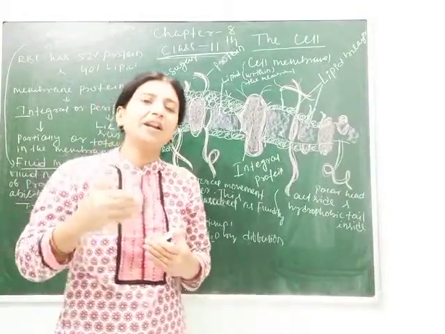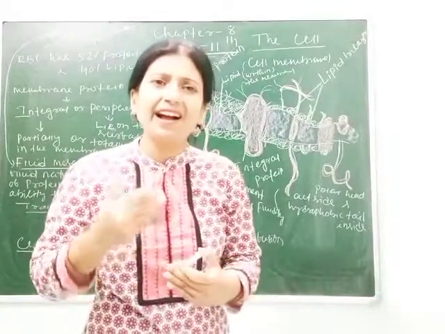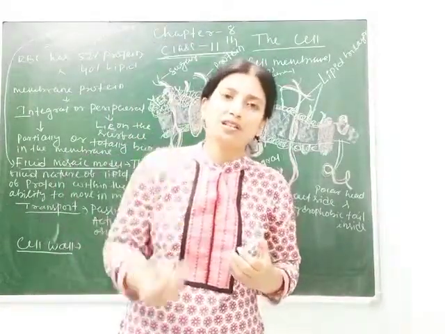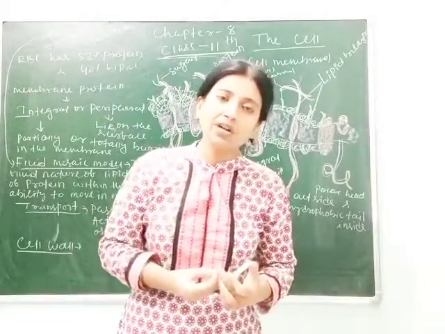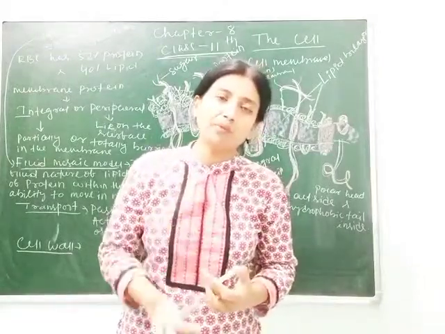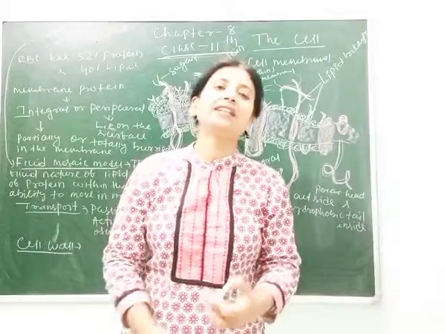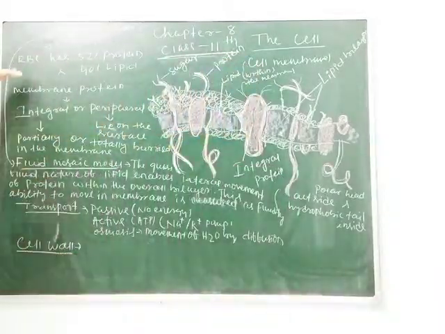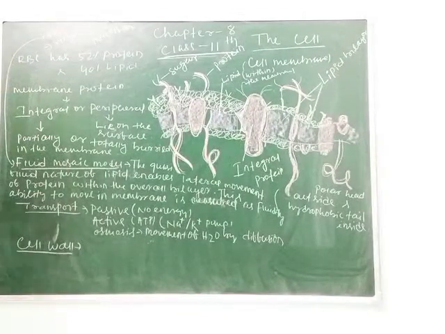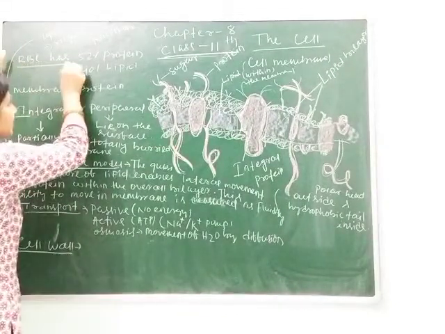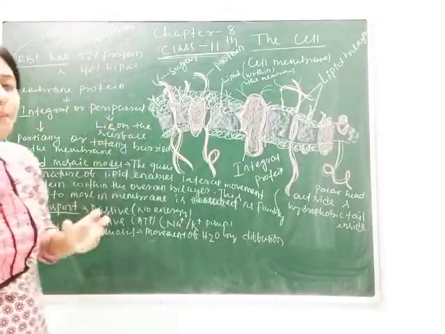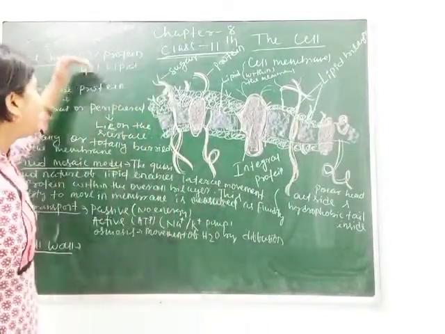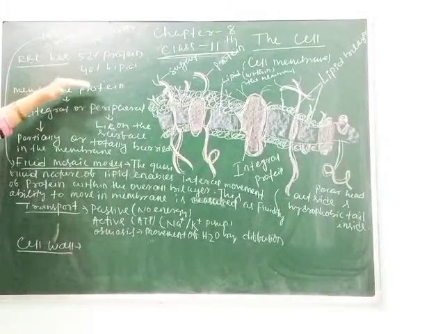Again, the different cells present in our body are not made up of one particular type of substance. So students, in the case of human beings, the RBC has protein and lipid bilayer present on its cell membrane, in various proportions or ratios.